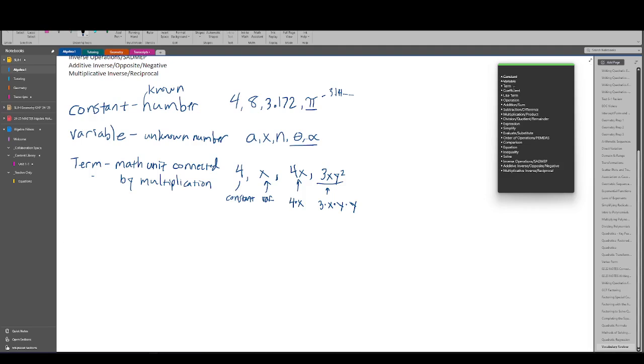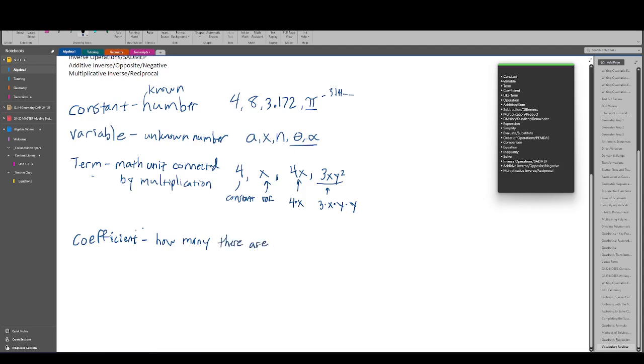All right. Along with term, we'll go ahead and do coefficient too. A coefficient is kind of like the constant part of a term. It's how many of a thing you have, how many there are.